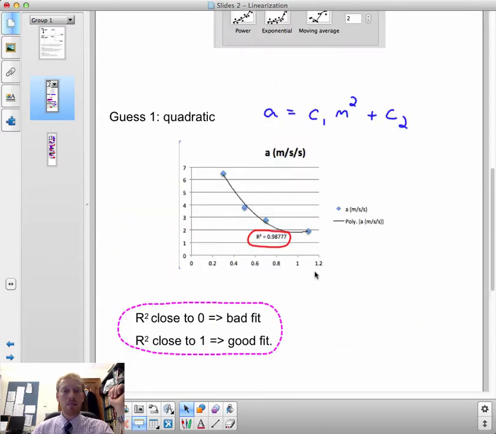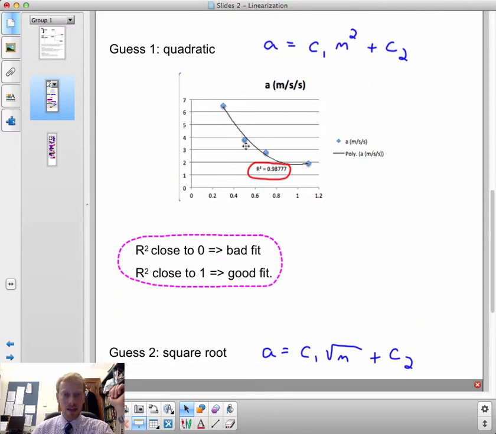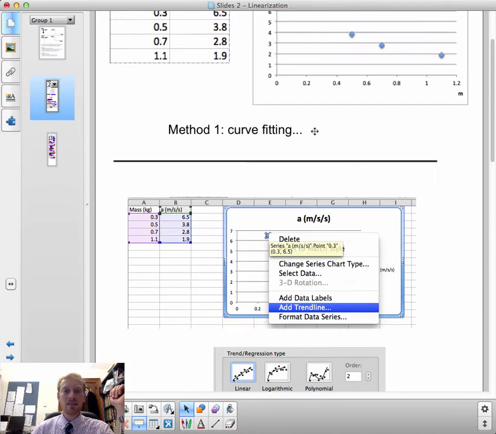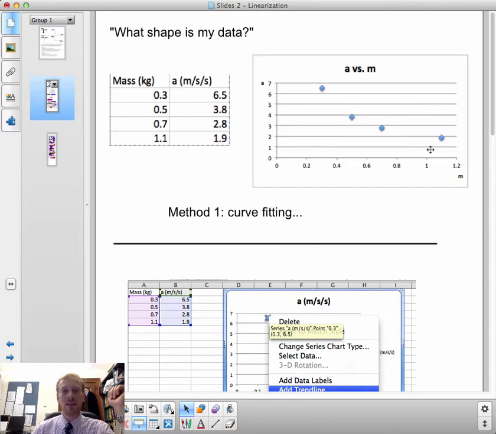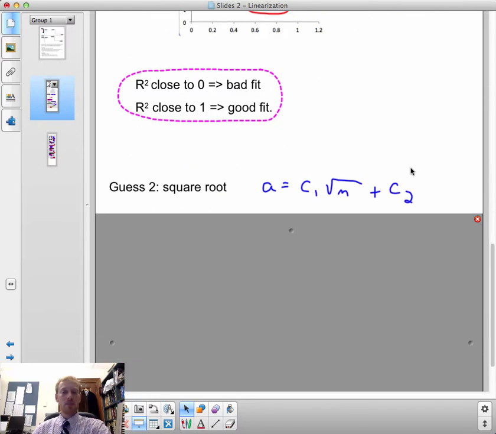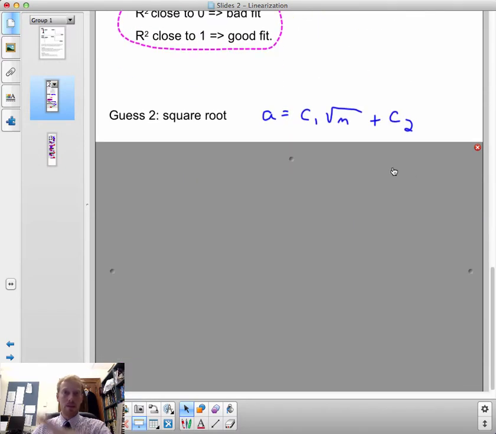I might guess that maybe this decreasing trend of data is 1 minus a square root function or something like that. A square root function increases, but some number minus a square root function is a decreasing curvy shape like that.